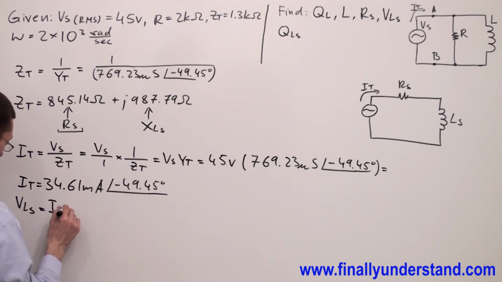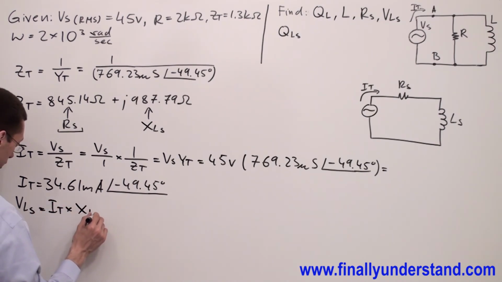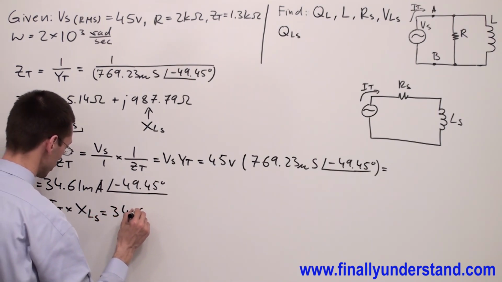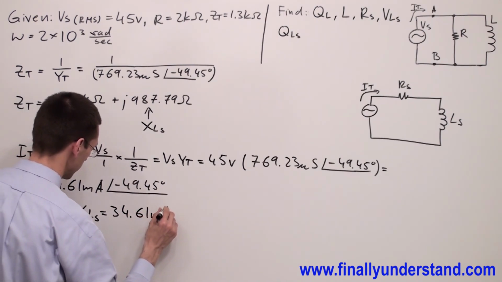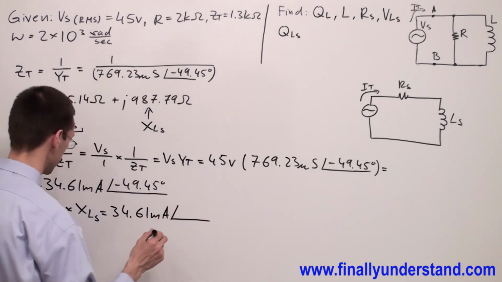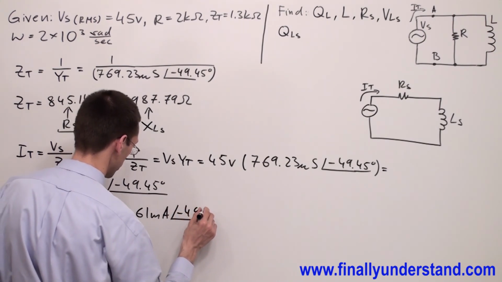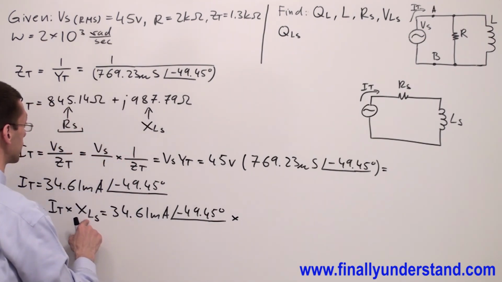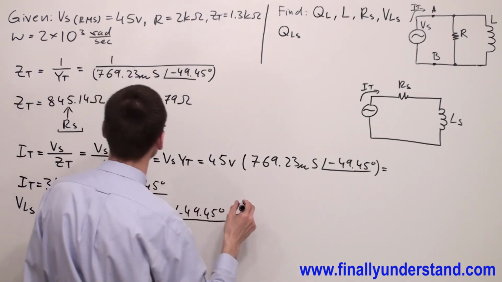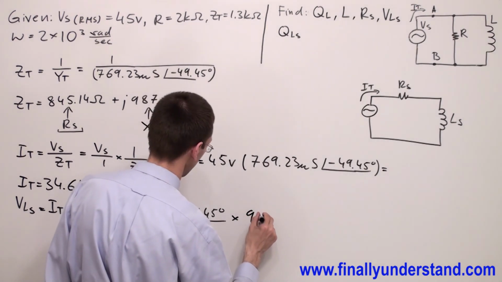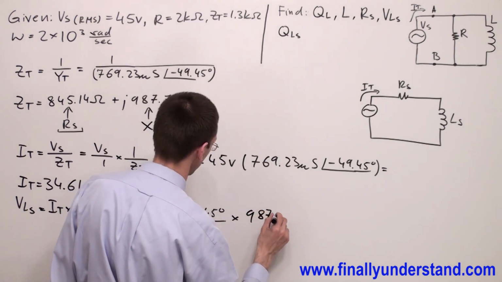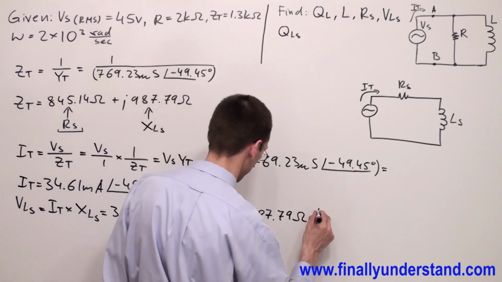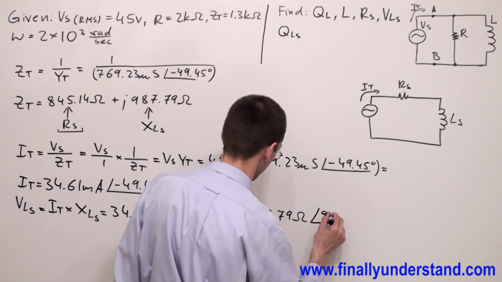So I total times X of Ls, which is equal to 34.61 milliamps and angle of negative 49.45 degrees times X of Ls, 987.79 ohms and angle of 90 degrees.